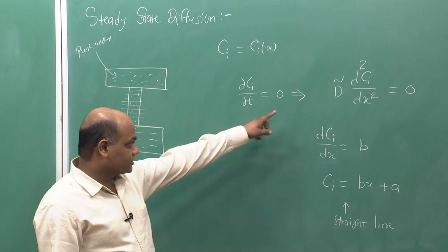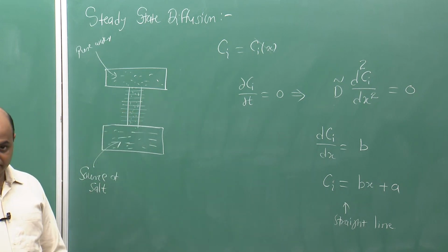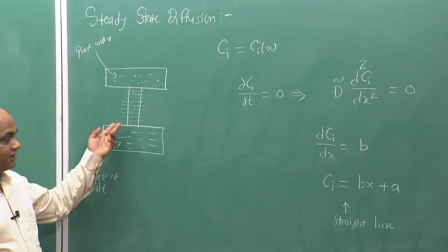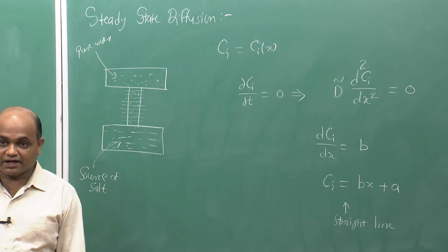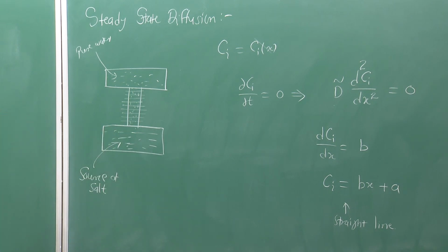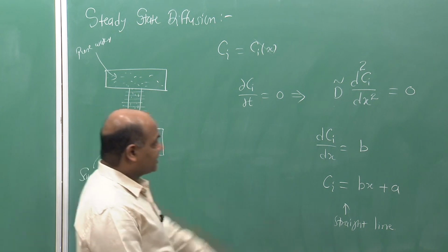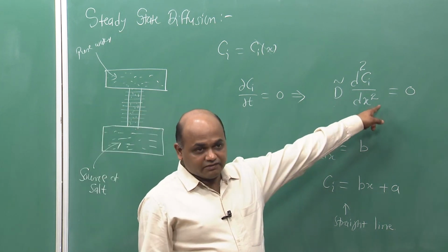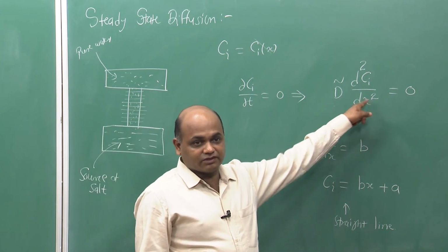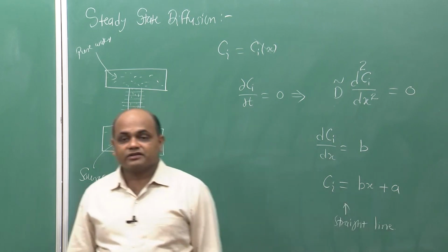So, when D is constant, the steady state profile that develops is a straight line. This is obvious from here itself, right. The second derivative is 0, which means the curvature is 0, which is basically a straight line.